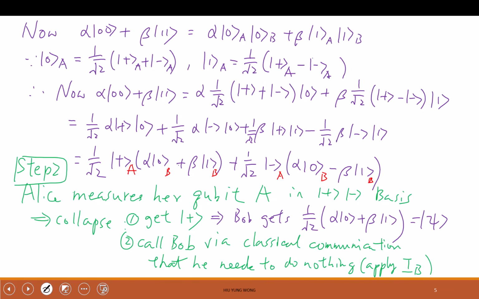Thank you. That's a good point. He said a very good thing. It still keeps 1 over square root 2, which is not psi, right? But after your measurement, it will need to get normalized. Very good, yeah.